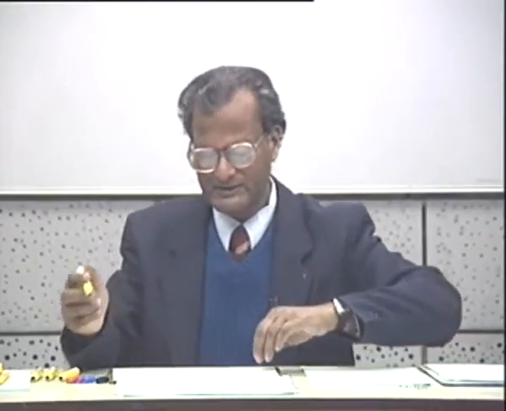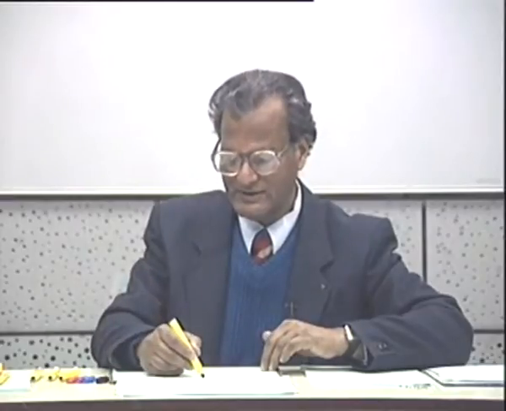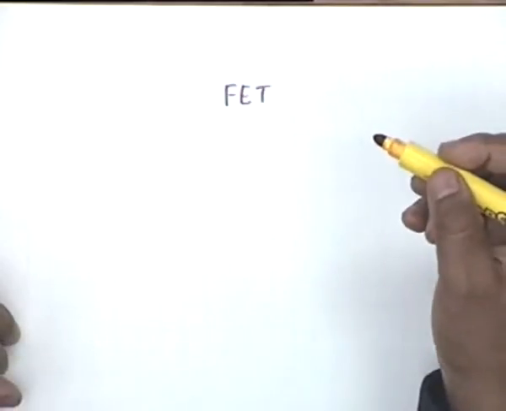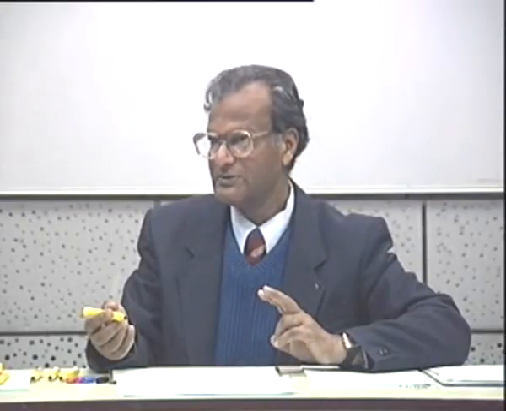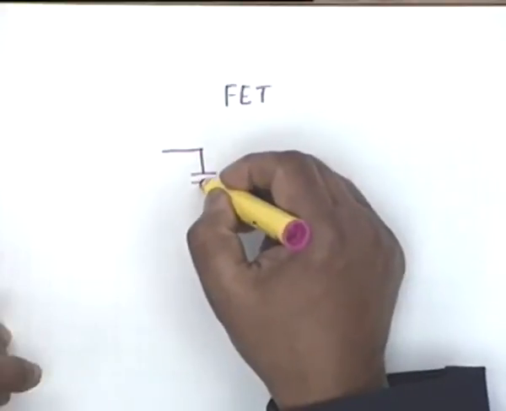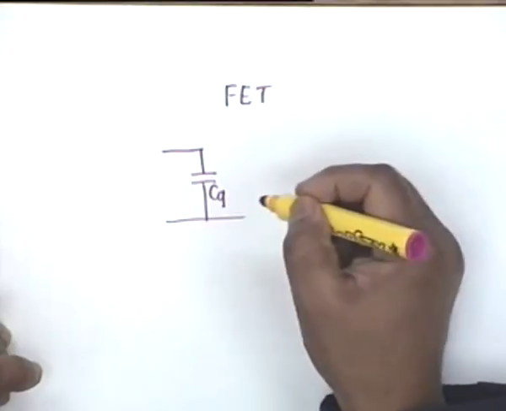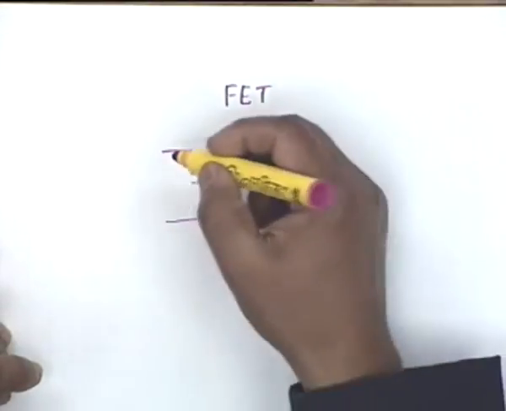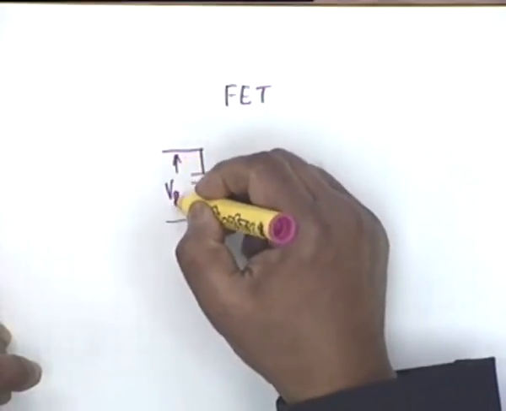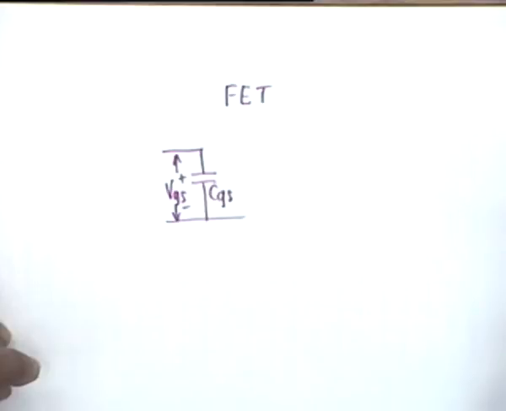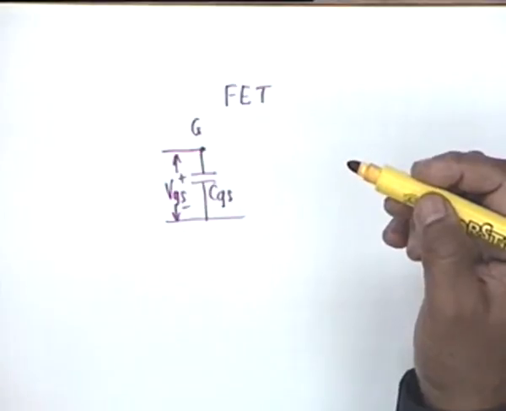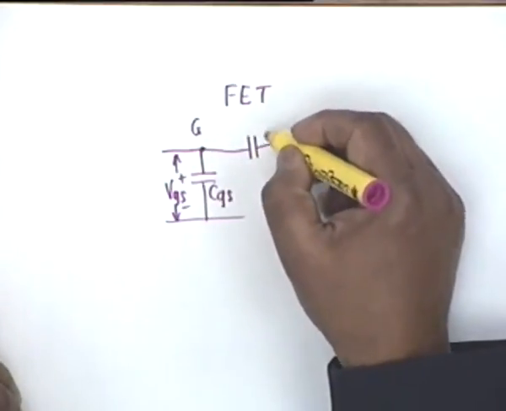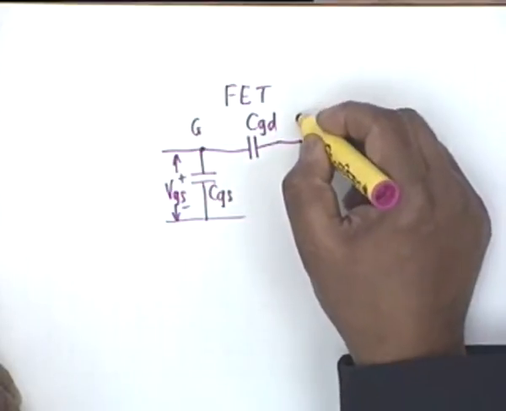That completes the preliminaries. The other thing that we have to notice is that instead of a BJT, if we use an FET of any kind, it doesn't matter what it is, we again have to take care of 3 capacitors. One is CGS, and this voltage is VGS, the phasor value, and then we have to take care of the gate to drain capacitor CGD, this is the drain.